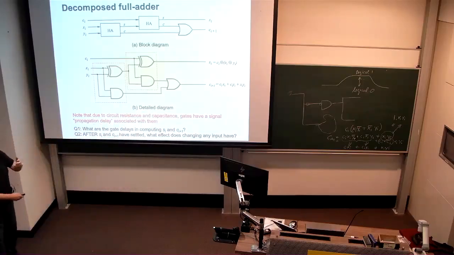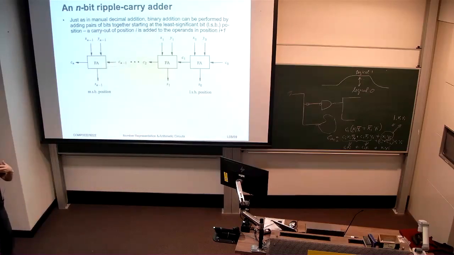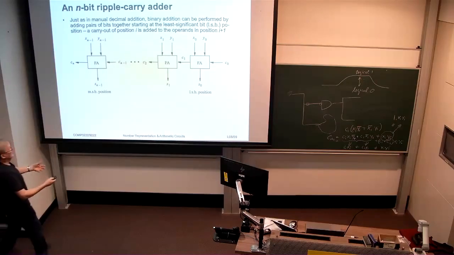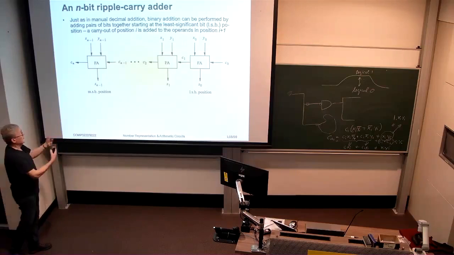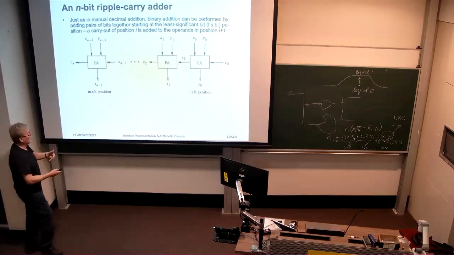Okay, now bear that concept in mind, because what we want to really do is add 2 n-bit numbers together. And to do that, we use a structure. The simplest way to do it is to use a structure that's called a ripple carry adder. I'll show you why in a moment.